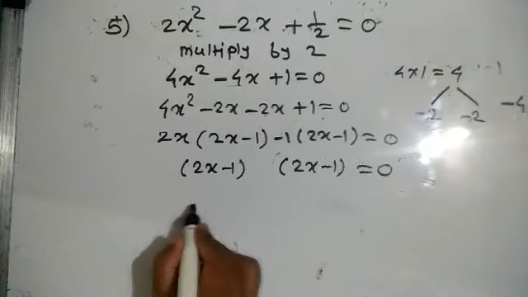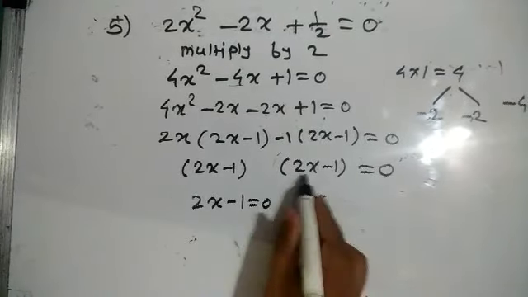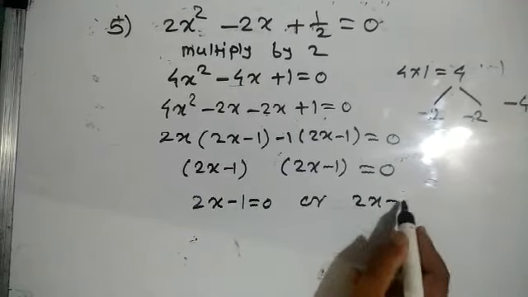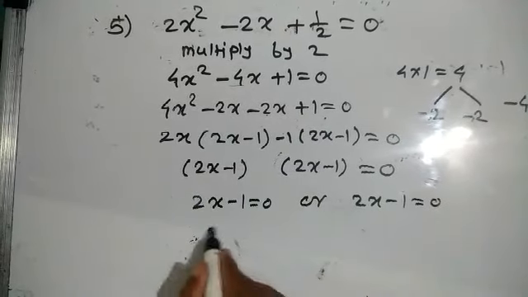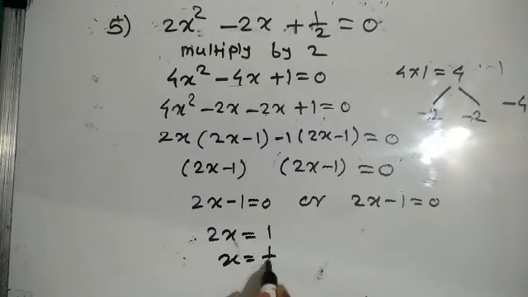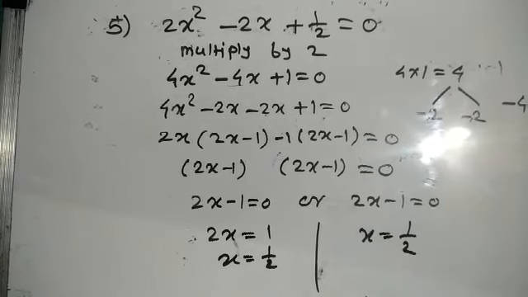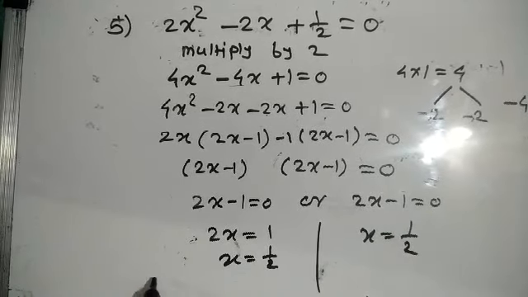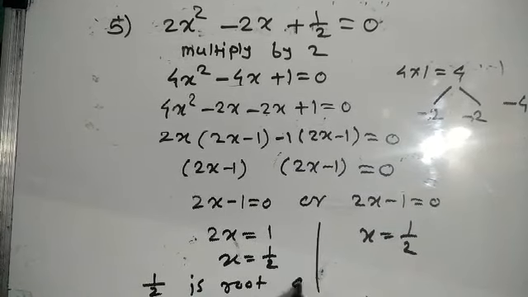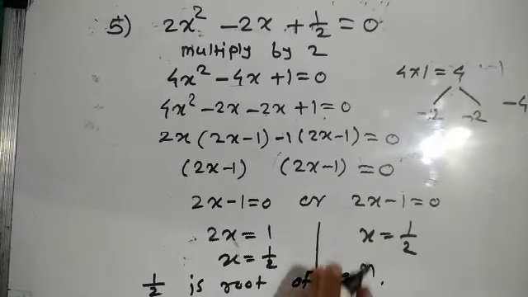Therefore, we can write 2x minus 1 is equal to 0 or 2x minus 1 is equal to 0. 2x is equal to 1, x is equal to 1 by 2. Similarly, here we get x is equal to 1 by 2. It means 1 by 2 is the root of the equation. The fifth problem.